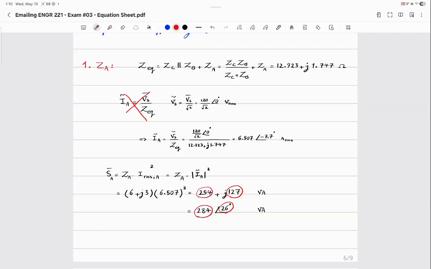Pass. Next. Only 284, what is that called? Apparent power. The magnitude of complex power is called apparent power.